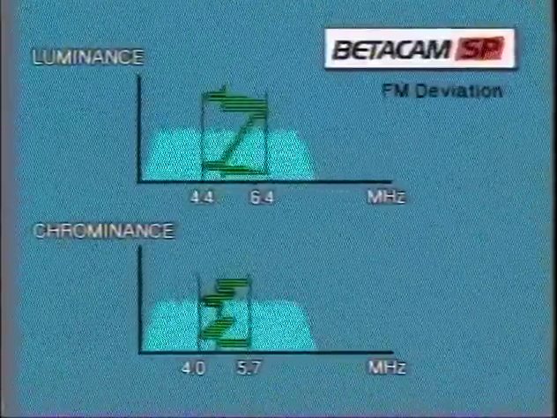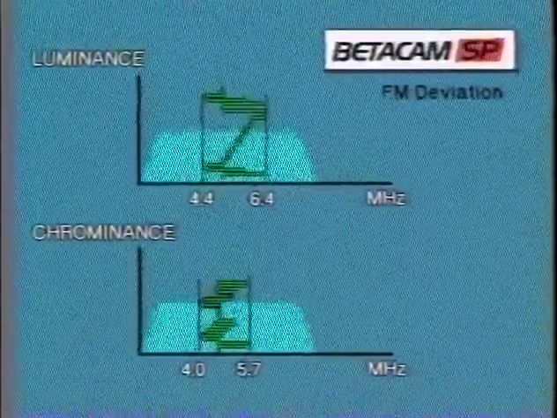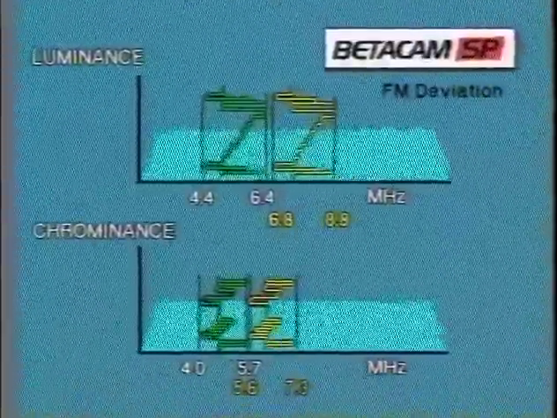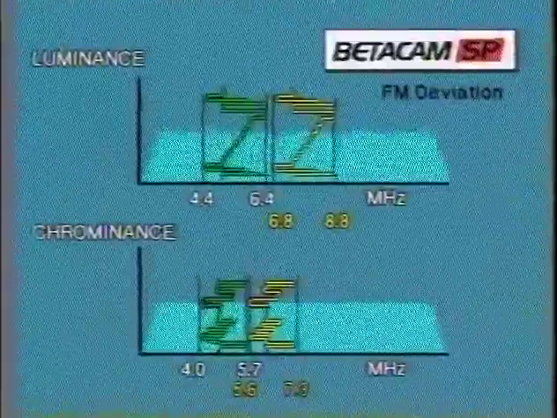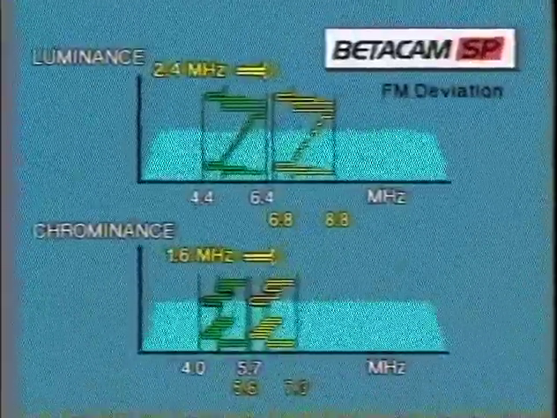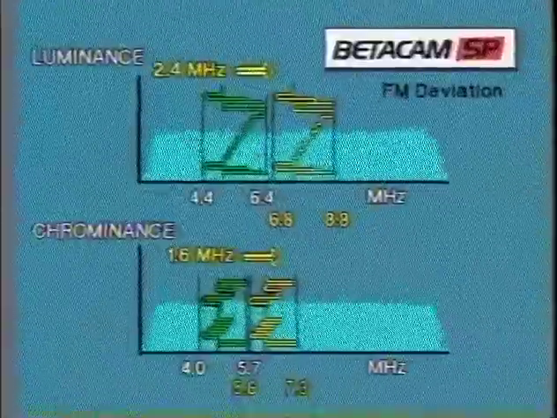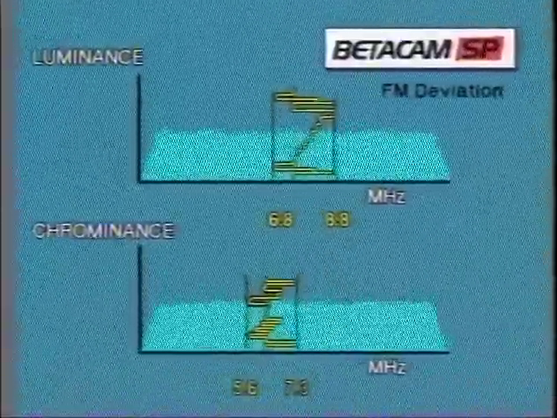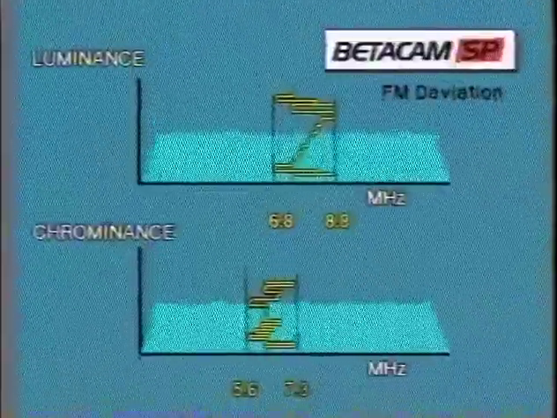Here are graphs showing the frequency allocation for conventional Betacam and for SP. As we can see, the frequencies have been increased, giving more headroom for the harmonics. The increase in frequency also reduces any moire component.